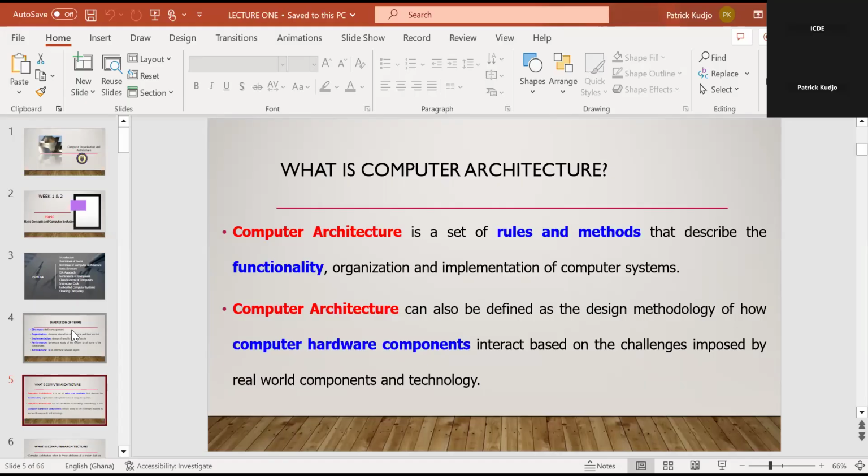It takes data as input, processing, storage, and output. That describes the functionality, how the computer is organized, and then the implementation of the computer system.